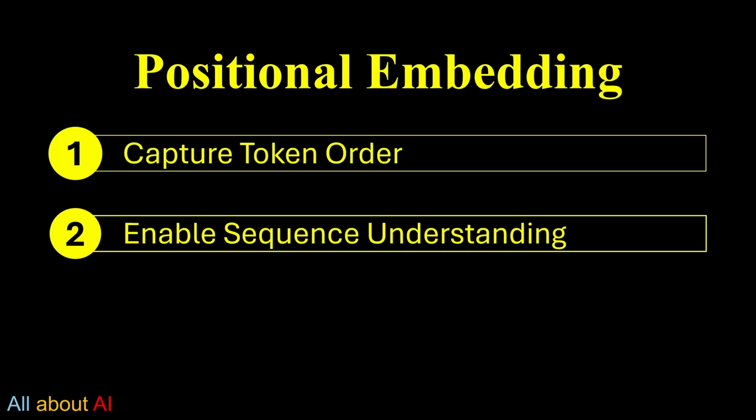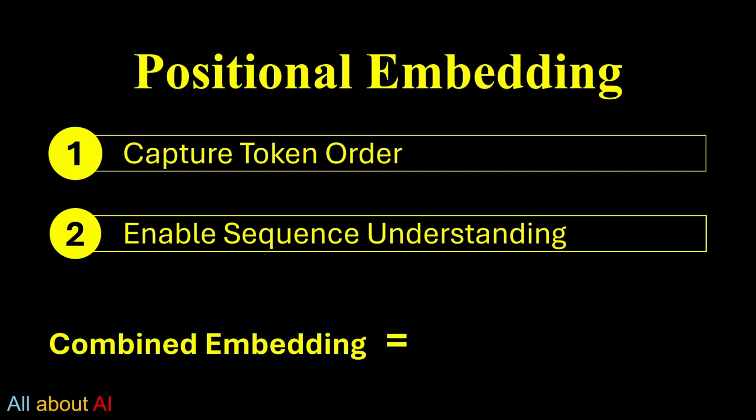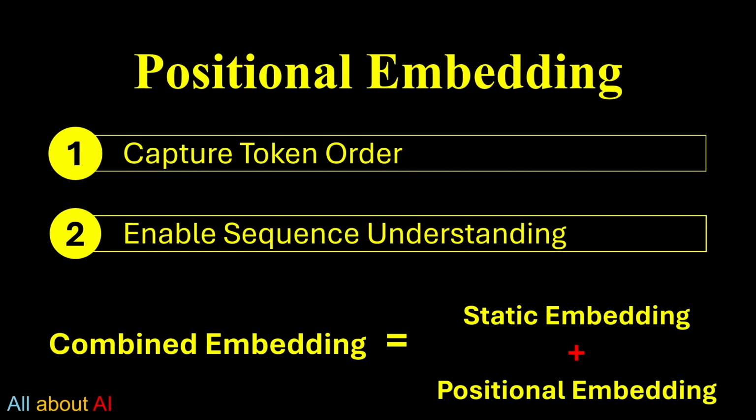That's why positional embeddings are typically the same dimension as token embeddings, and we'll be adding them directly with the token embedding or static embedding to derive the combined embedding representation. The combined embedding that we will be using is static embedding plus positional embedding.